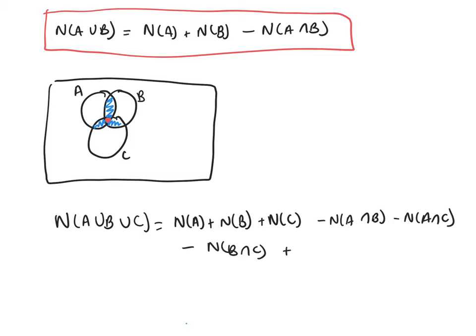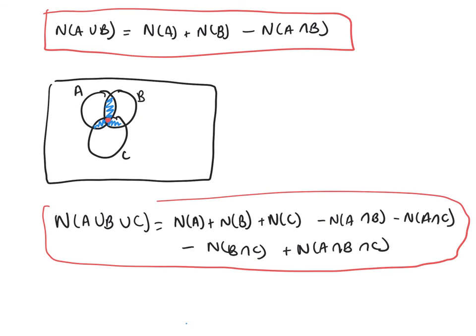So I need to add back in the number of elements of A intersect B intersect C. And this would be my formula to count the union if I had three sets.